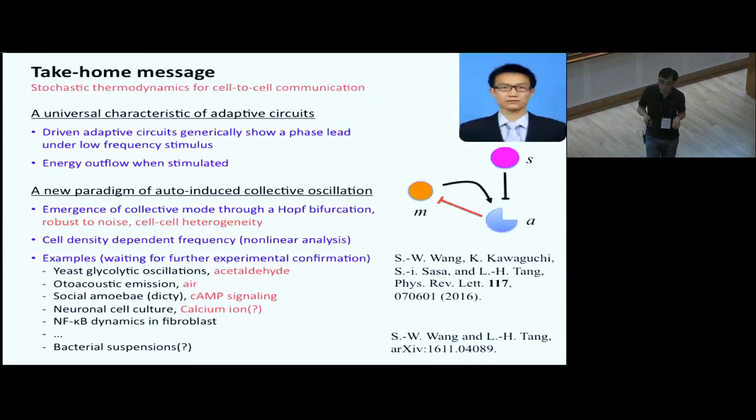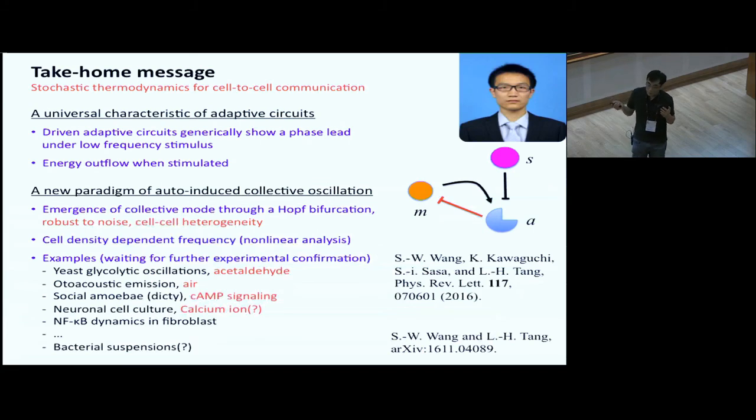So basically, that's all I want to tell you this afternoon. The first thing we found was that an arbitrary adaptive circuit generically shows a phase lead over the signal in some frequency range.